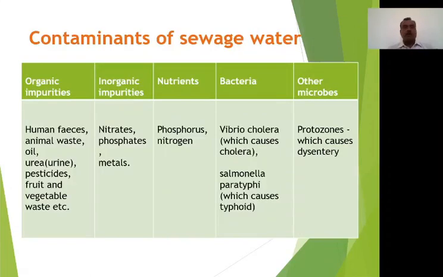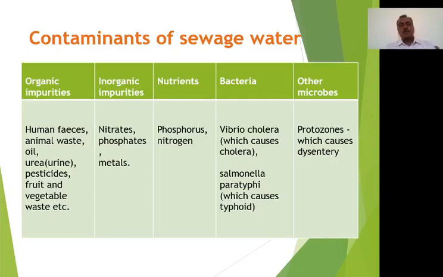Now students, taking you to the next slide, contaminants of sewage water. Here is a table which gives different types of contaminants found in impure water. Organic impurities, that is human feces, animal waste, oil, urea, that is urine, pesticides, fruit and vegetable waste, etc. Inorganic impurities such as nitrate, phosphate, metals and chemical fertilizers.